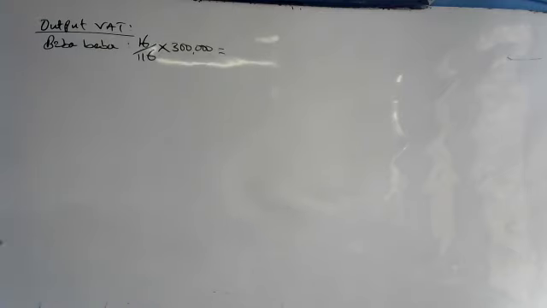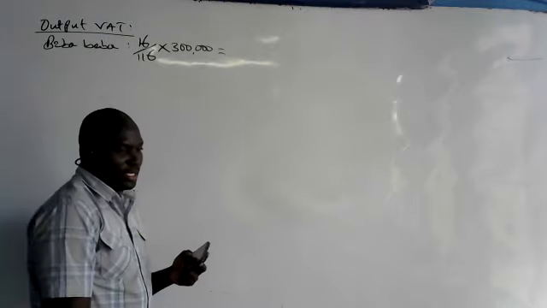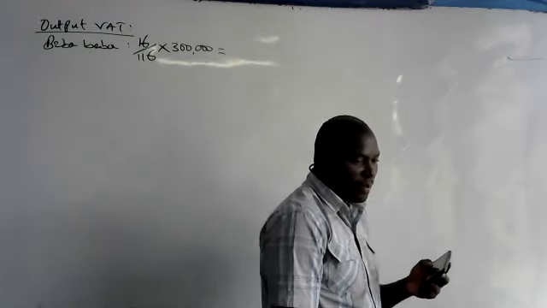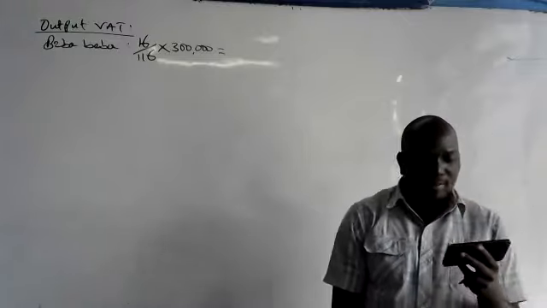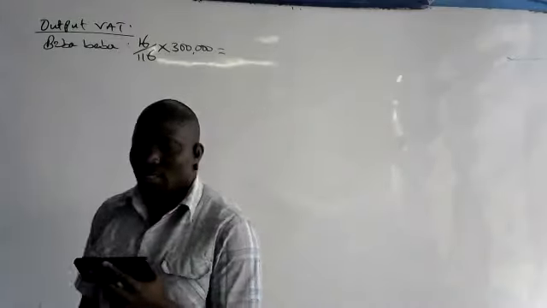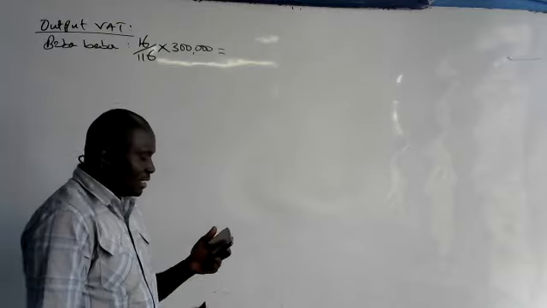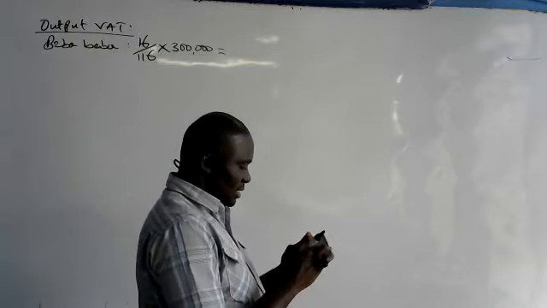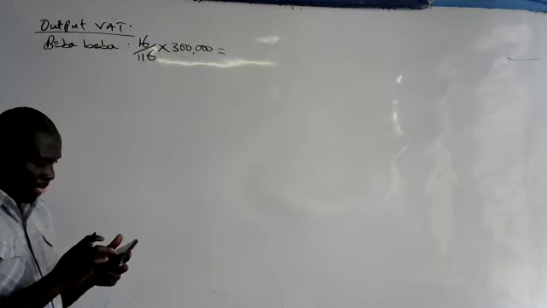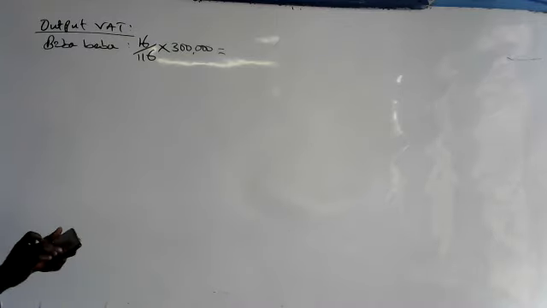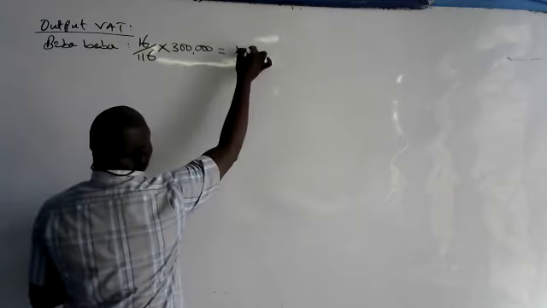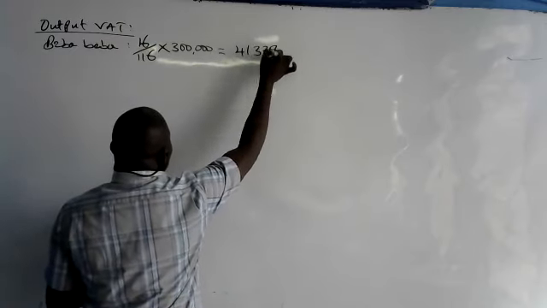They want the VAT, not the value for VAT. So output is the VAT on sales. 16 over 116.